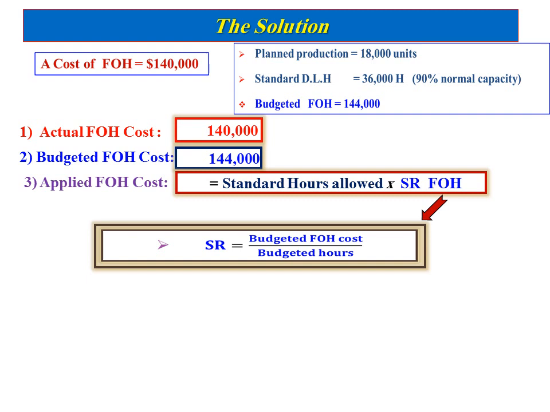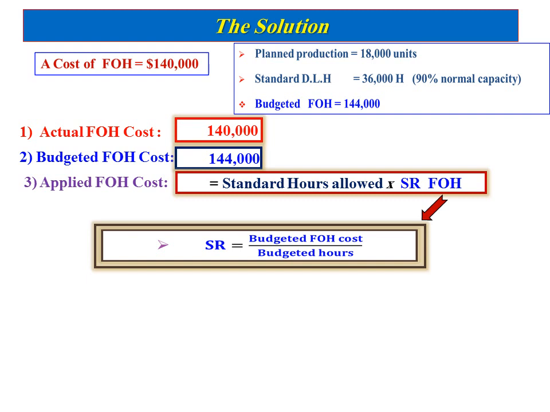Don't forget the definition in cost principles. Do you know the definition of the difference between variable and the fixed? Variable, the average will be the same regardless of the activity level.